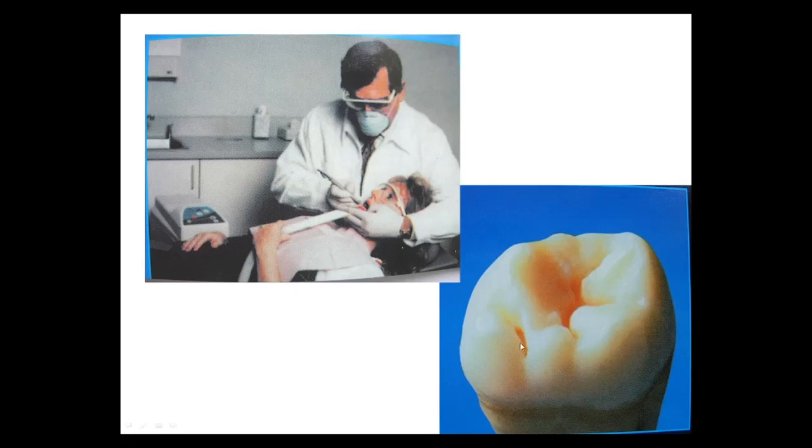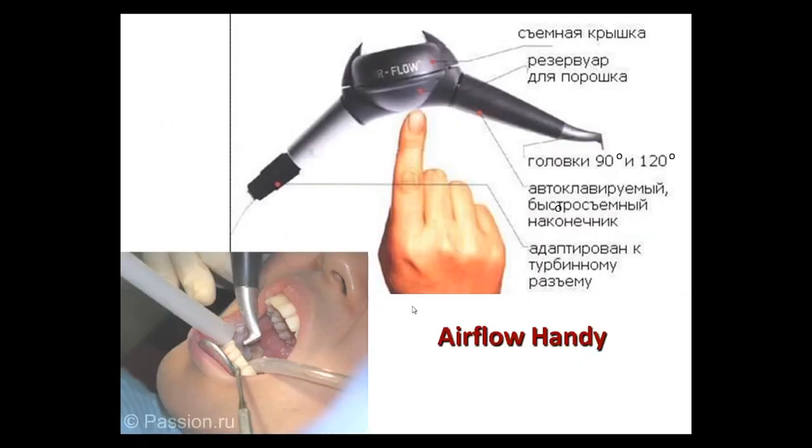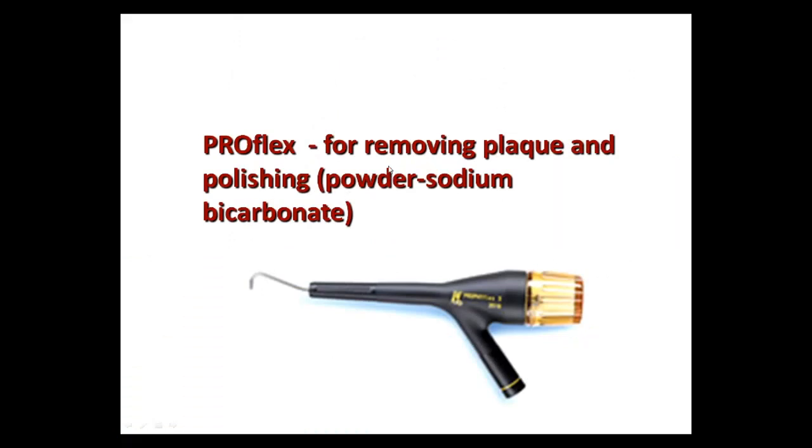And tools after air abrasive preparation: very minimal invasion, only softened necrotic tissue is removed. Devices are different: Tubodent, Airflow Prep, Airflow Handy for air abrasive preparation of cavity. Also ProFlex for removing plaque and polishing, using special powder, sodium bicarbonate.